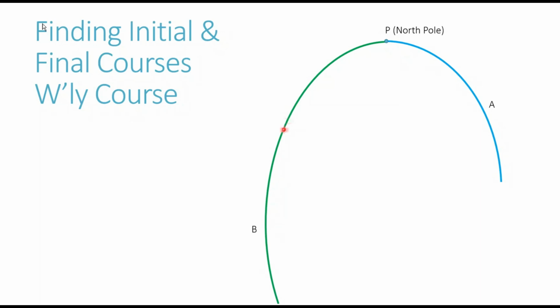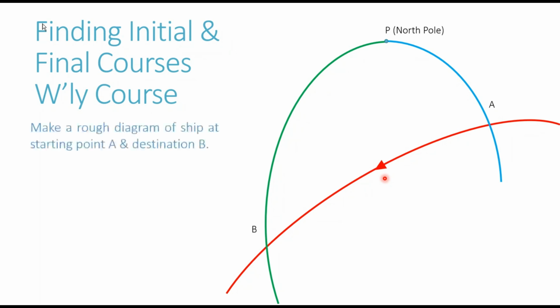We have the second side, Papa Bravo side of our spherical triangle PAB. And you can now see the third side representing the great circle track between A and B. The arrow shows the direction of the track. Vessel is moving from A to B.